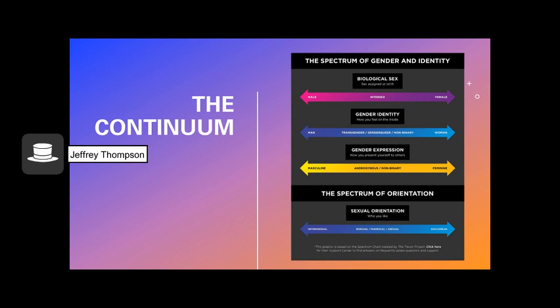So, if I have not said continuum before, I'm going to say it now. A continuum is a spectrum. It's just a range of infinite possibility between two extreme points. So with biological sex, you have your typical male, your typical female, but you can be anywhere in between. You could be biologically male, have lots of testosterone, but still, based on your biology, develop some typical female brain characteristics.